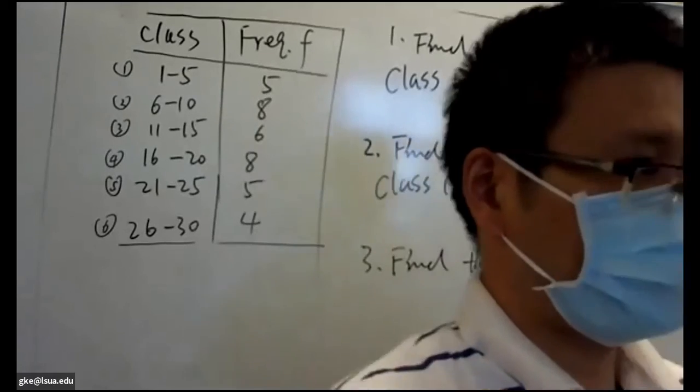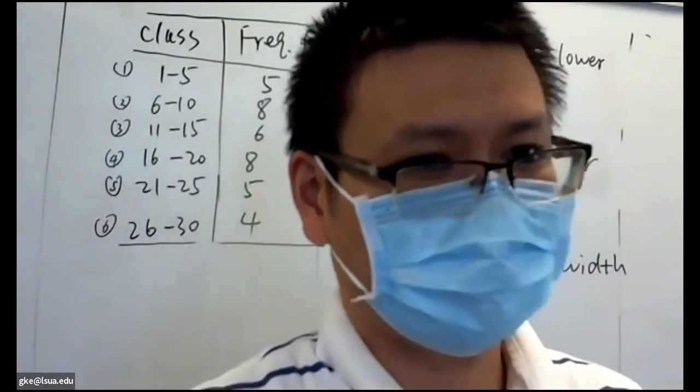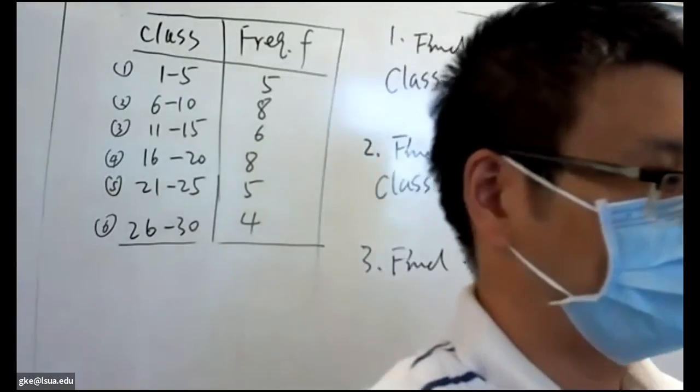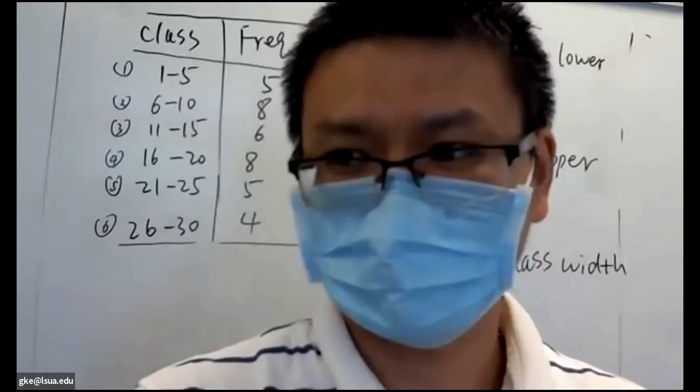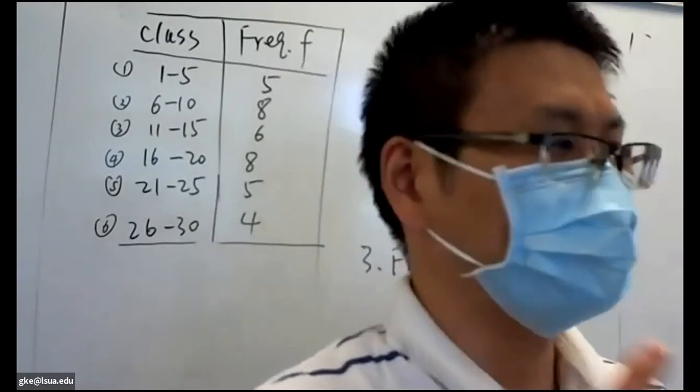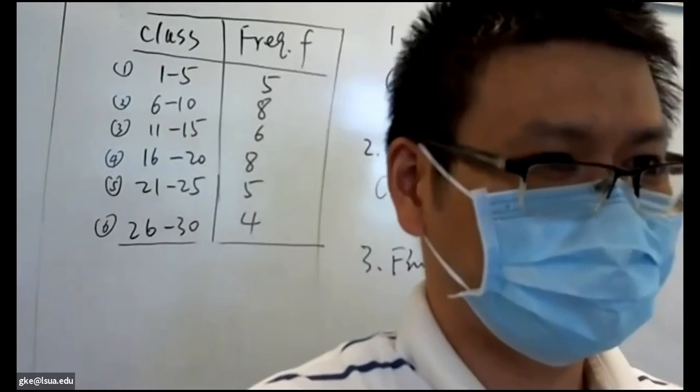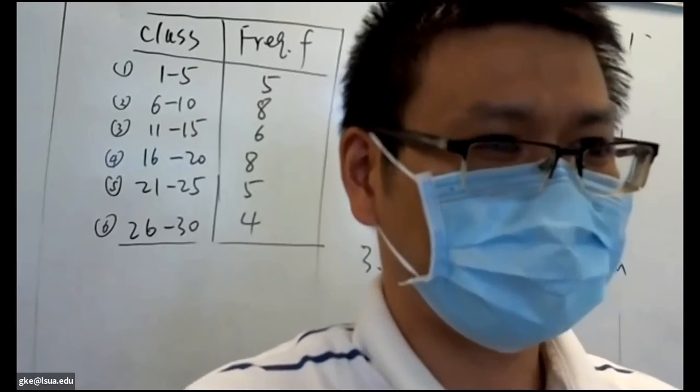Do we need to find the class width for every consecutive class? You're gonna get the same class width, whatever method you pick. So you just need one method. You're gonna get the same answer.